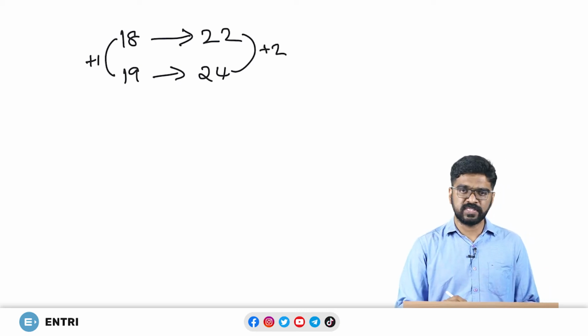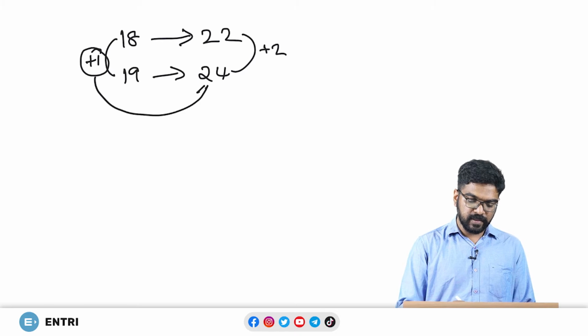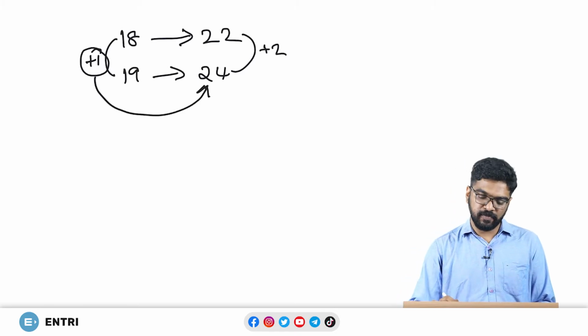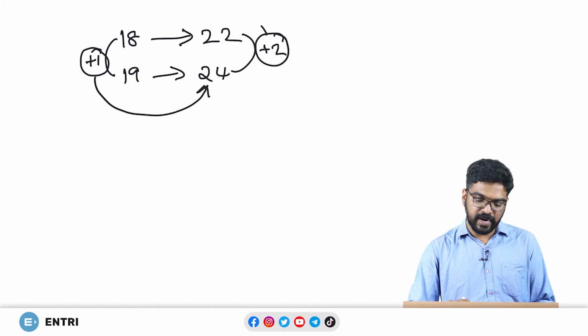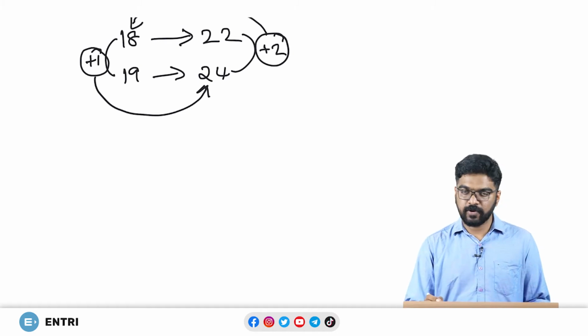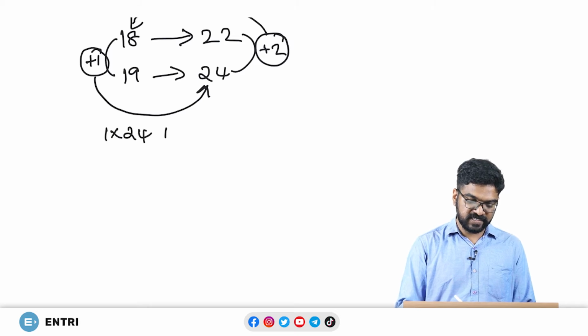Now what you have to do is, listen very carefully. The extreme left value you multiply with the bottom right value, and the extreme right value, this deviation, you multiply it with the top left value. So what will I get over here? 1 into 24 plus 2 into 18.